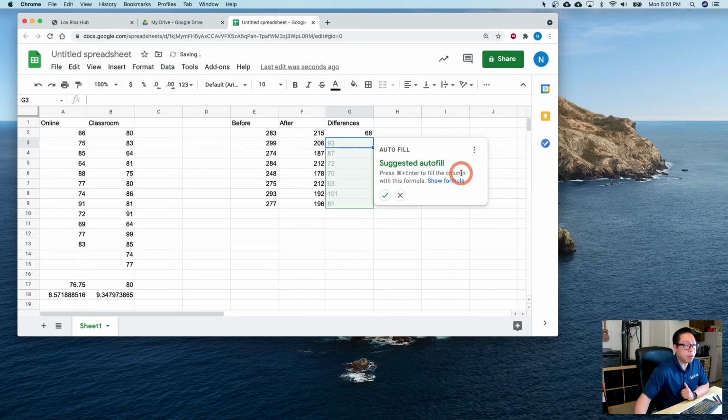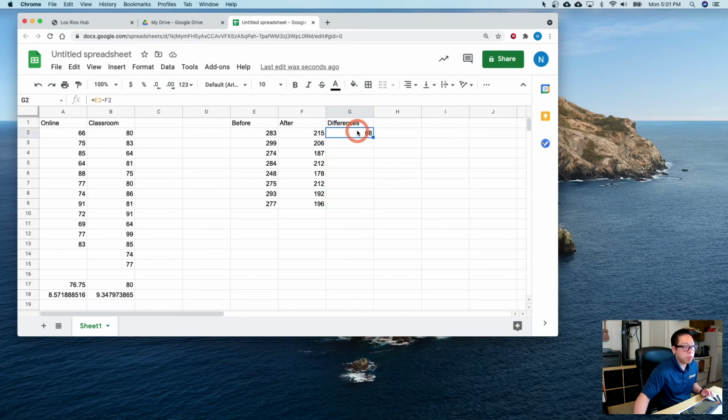It's going to have an autofill. You can use the autofill, it's usually correct. Or you can also click on that first box, move your cursor to the bottom right square until you see a plus sign, and then click and drag. It does the same thing. It's basically just copying that first box and pasting it for the rest of the column.